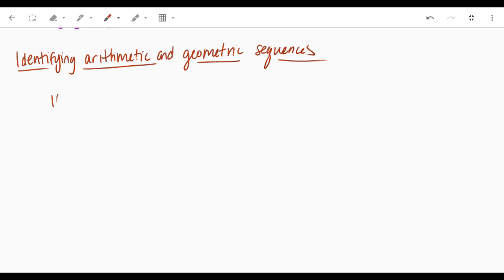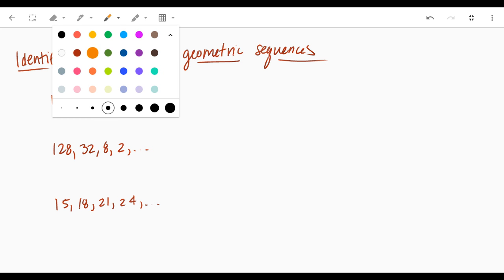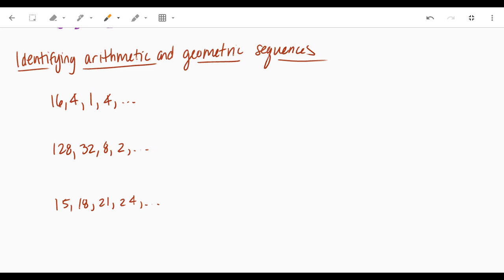Okay, so 16, 4, 1, 1/4, then 128, 32, 8, 2, and 15, 18, 21, 24. You just figure out if there is a constant difference between terms, a constant multiplier between terms, or neither.